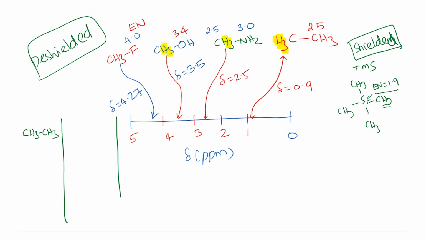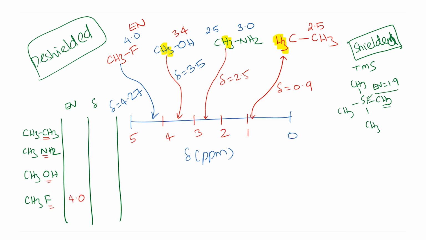So, what this tells me is that if I draw a table of CH3 compounds, I make two columns: the first would be the electronegativity of the atom, and the second the chemical shift. So, CH3NH2, CH3OH and CH3F. Let us write down the electronegativities of these atoms: 4.0, 3.5, 3.0 and 2.5.